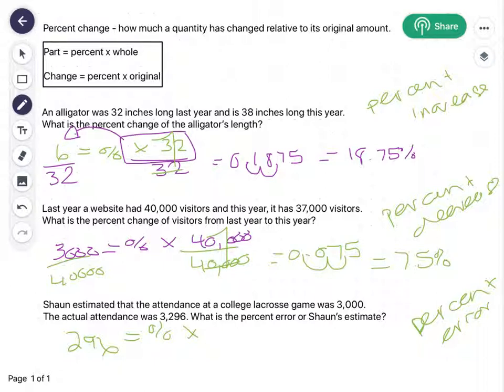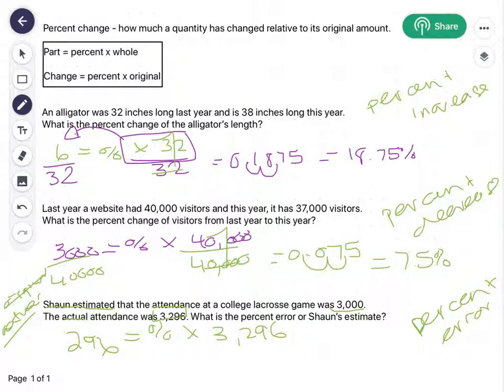So when we talk about Sean estimating that the attendance would be 3,000, but the actual attendance was 3,296, that's what number is going to go here. So it's not the original when we're finding percent error, it's the actual.